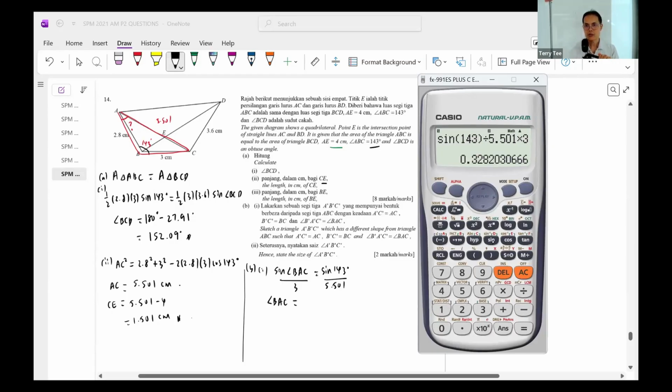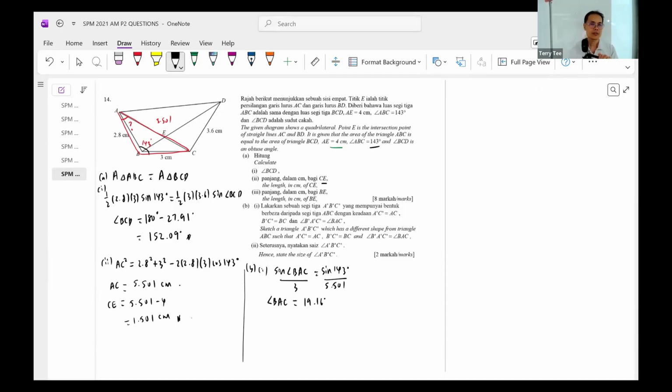Whatever I'm getting here, shift sine, answer equals 19.16. 19.16. Okay? Right, so let me write this down. This is 19.16.